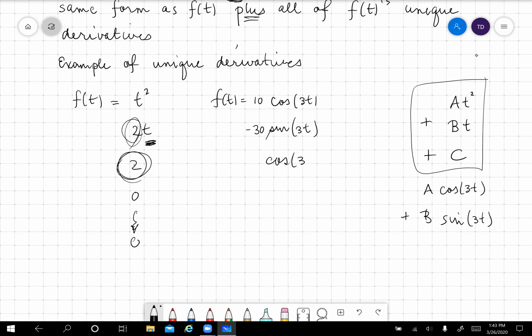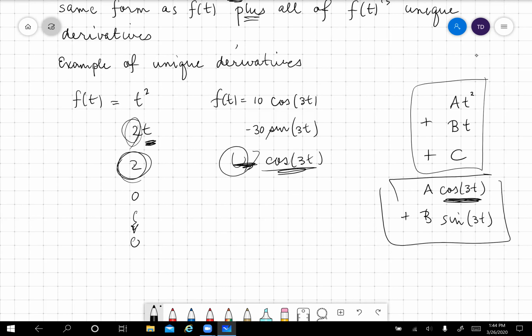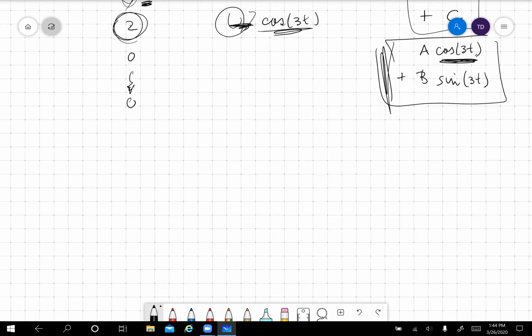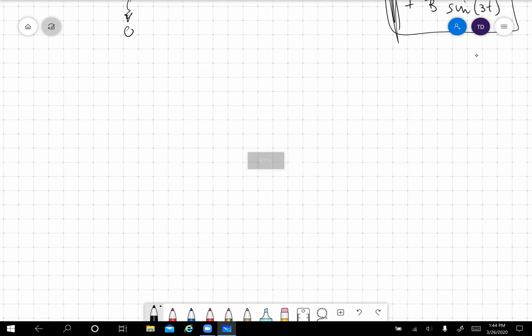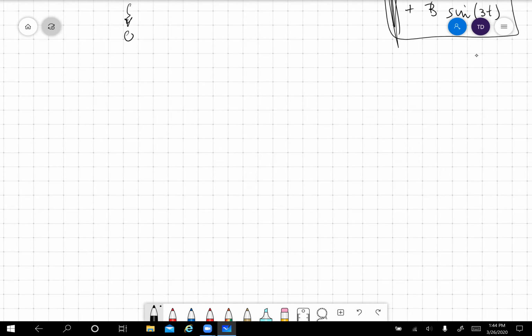I get cosine of 3t again. I get some other number, but the form of the function is cosine of 3t. I've already got cosine here, so that would be my guess if my function was 10 cosine of 3t. So when we say guess that it looks like the function plus all its unique derivatives, I take derivatives until I get to a derivative that looks like something I already have, or till I get to 0. Okay, so that's step 1.